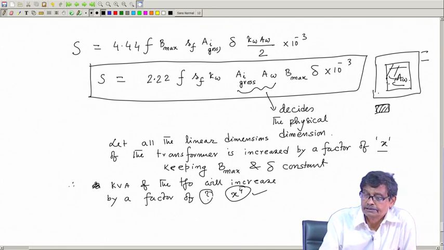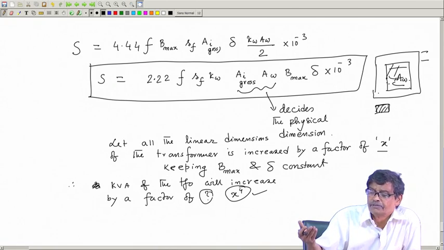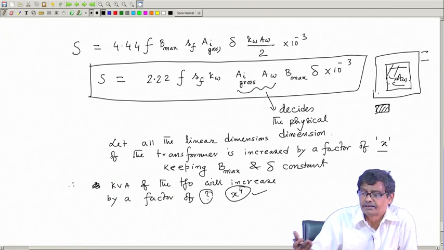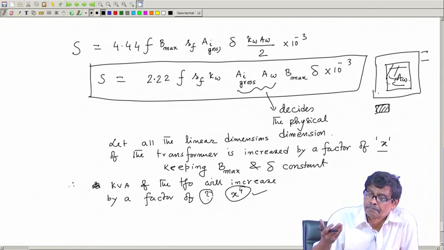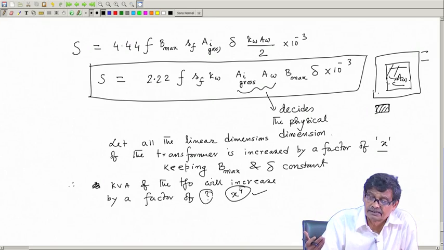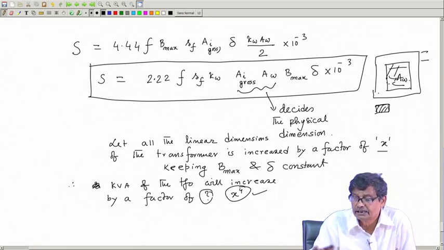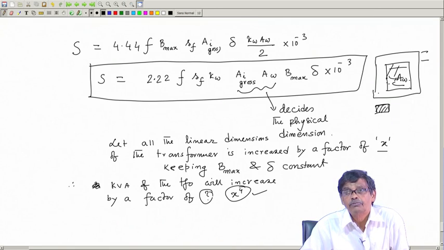Now, the question is, I am imagining all the dimensions are increased by a factor of x, Bmax, delta constant, stack factor, window space factor remaining same. Then I conclude, transformer rating will be increased by a factor of x to the power 4.